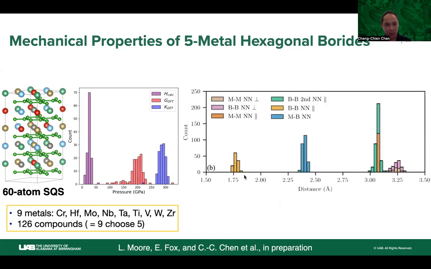In particular, with these theoretically relaxed crystal structures, we can now have information on, for example, the distribution of the boron nearest neighbor bonds in plane, or the metal-boron nearest neighbor bonds, and some other distributions, for example for metal-metal, or even second neighbors along the C-axis or in the AB plane. We can use this information, for example the range or the distribution width, such as the width of a Gaussian fit, as our machine learning features.